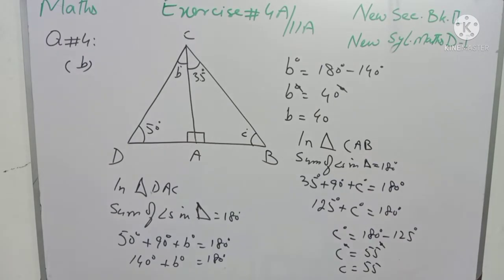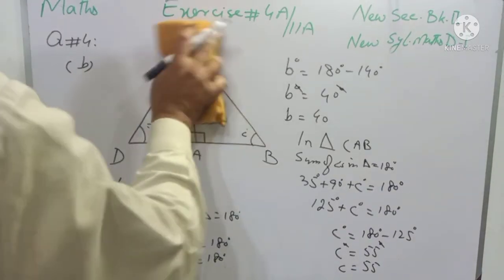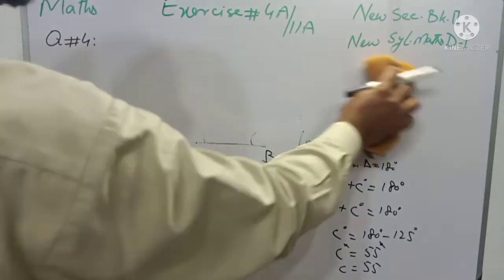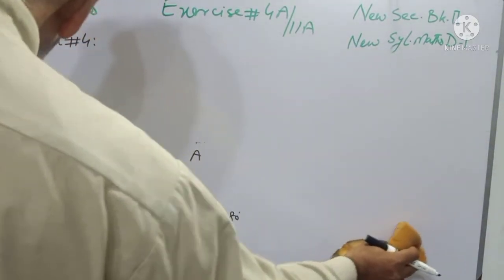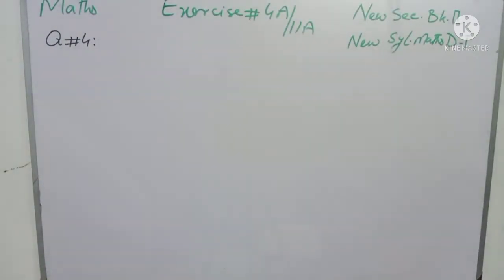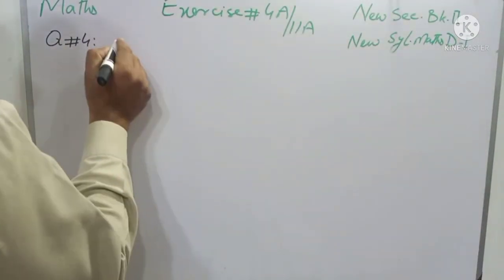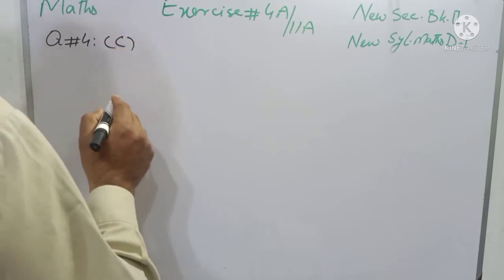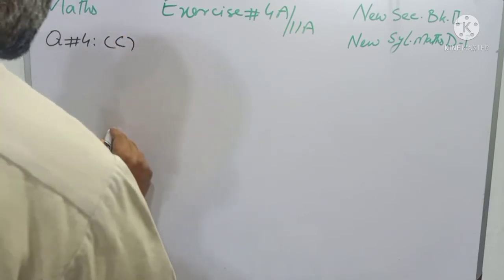Now students, I am going to solve C part of the same question. There is a triangle in this way, and DAB is a straight line.